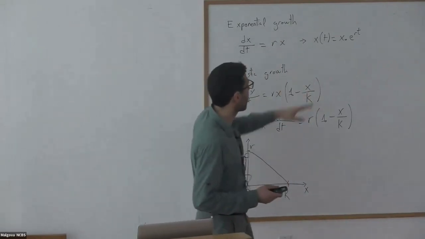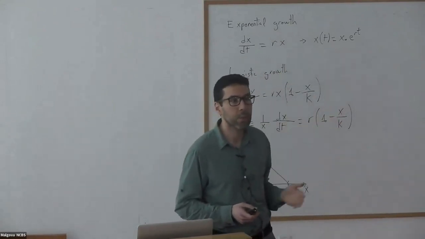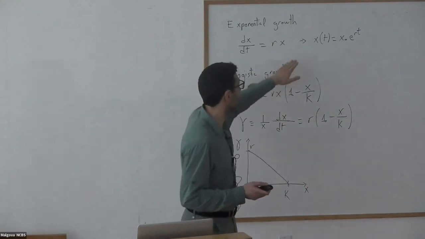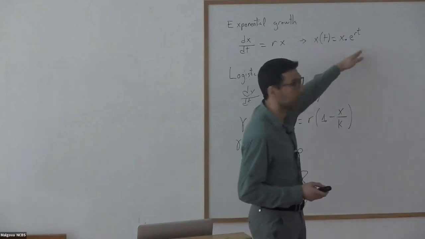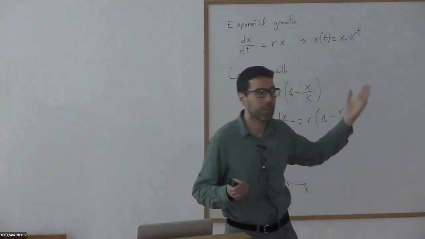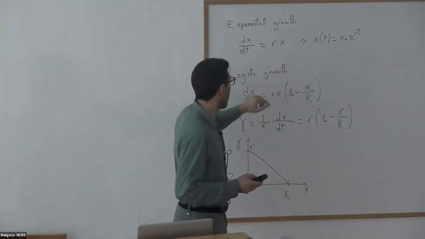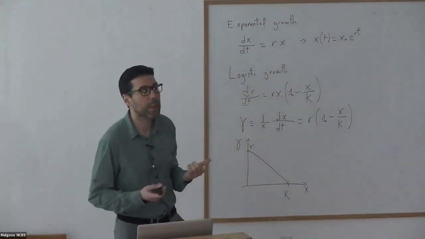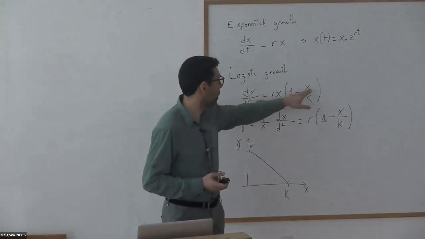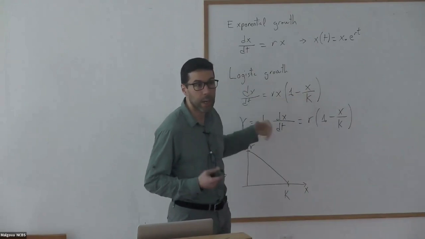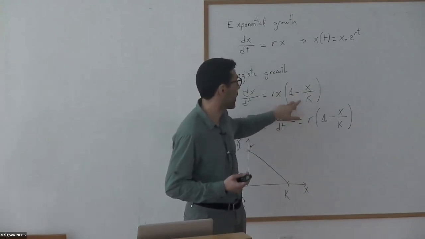Then we saw that populations at some point, when conditions are favorable, are going to grow in a way that we can capture with exponential growth, but this cannot last forever because it would continue growing to infinity, and we know that populations cannot grow forever. So when we think about the saturation of growth, the simplest thing we can think is that individuals from the population are competing with themselves, and we can see that in a linear way.